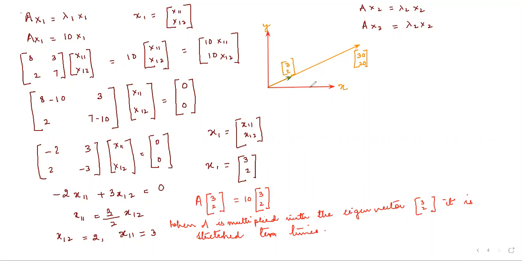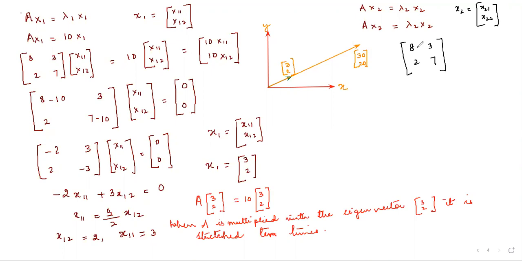So there is no rotation, only a stretch. Similarly, working on the same lines, if we solve this, we get 8, 3, 2, 7, and this time I'll put x2 equal to x21 and x22 for clarity.